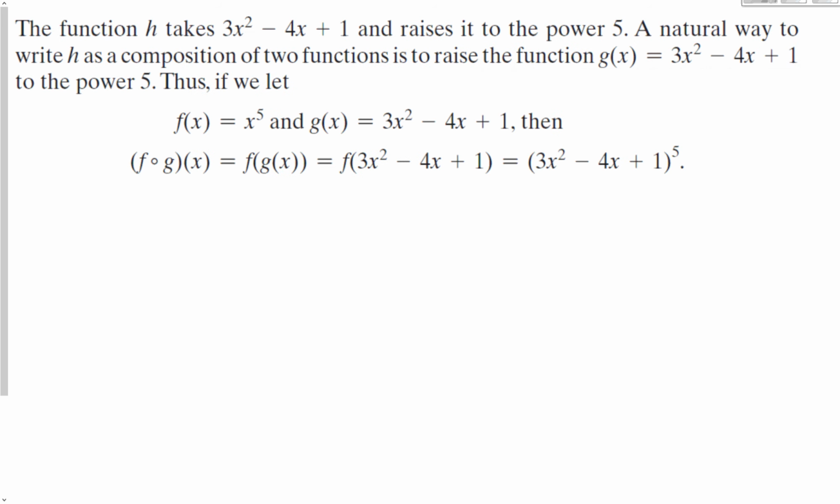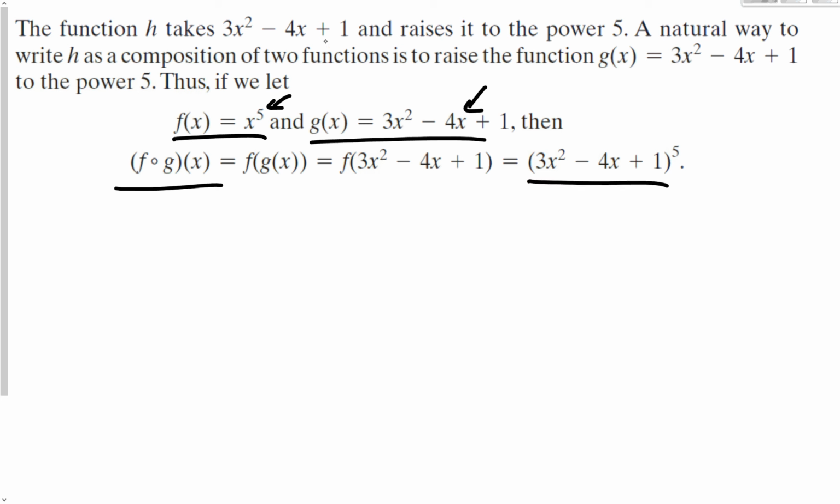And we can do it here by making f of x x to the 5th, g of x is equal to 3x squared minus 4x plus 1. X to a power, algebraic expression, and then if I put these two together as f of g of x, g into f, then I would have my original function back over.